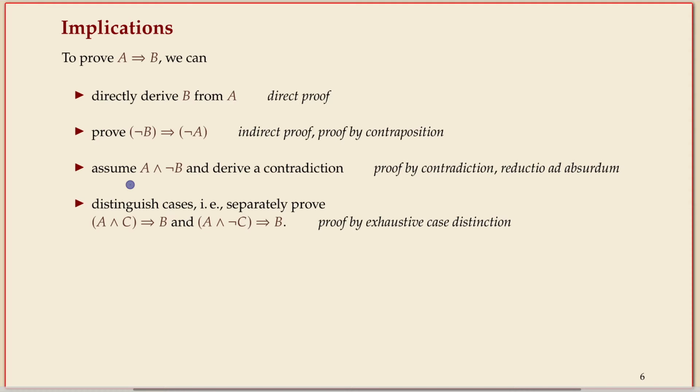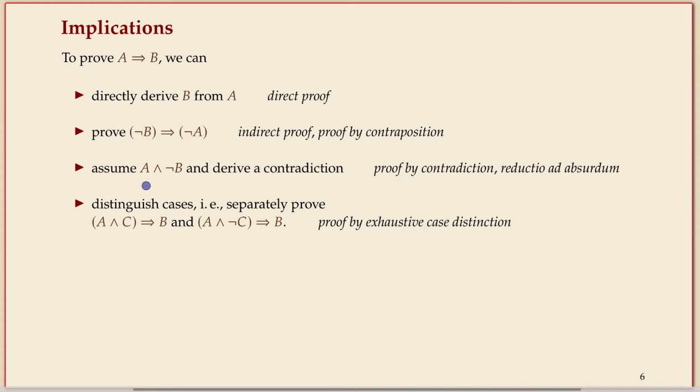And then you try to derive a contradiction from that. So you try to arrive at a point where you have, I don't know, x equals 5 is one thing, but you could also show x equals 7. And so these two things contradict each other, which means one of the premises must have been wrong. That's another way to show implications.